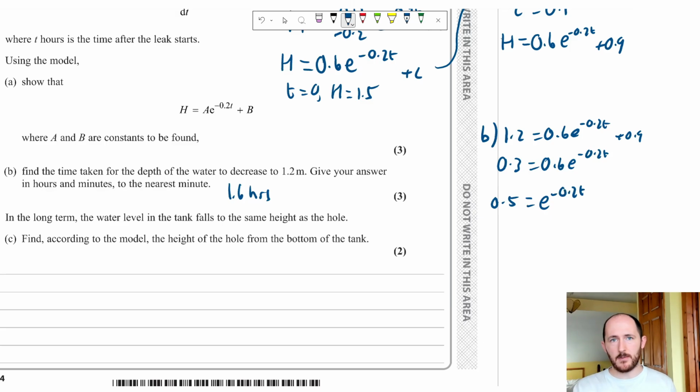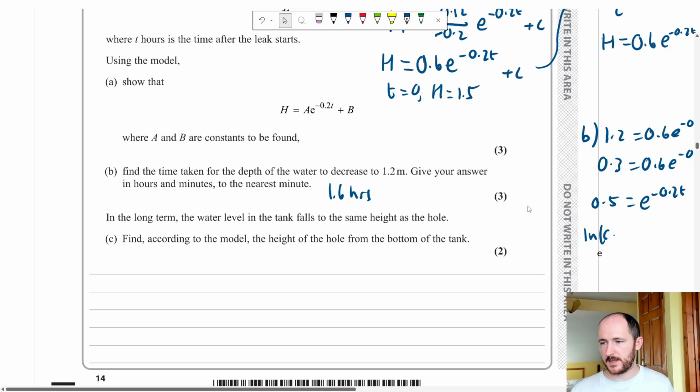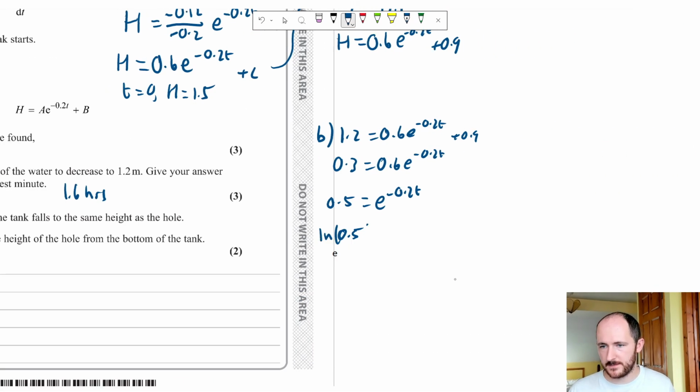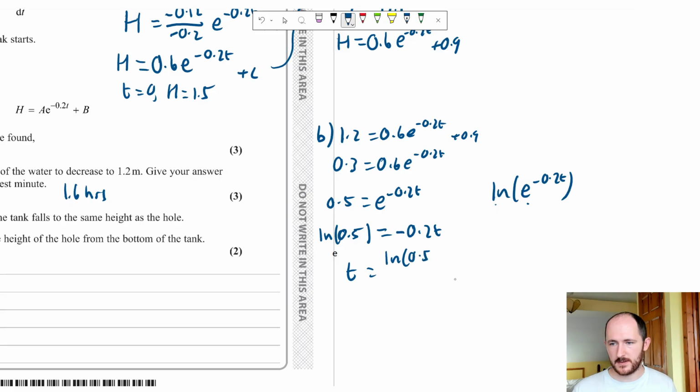Now, to get rid of the e, we're going to take the natural log of both sides. Let's scroll over to the side again. 0.5 equals, and if you remember, we're going to have ln e to the minus 0.2 t. ln and e will cancel each other out, so it just makes minus 0.2 t, which means t is equal to ln 0.5 over minus 0.2.